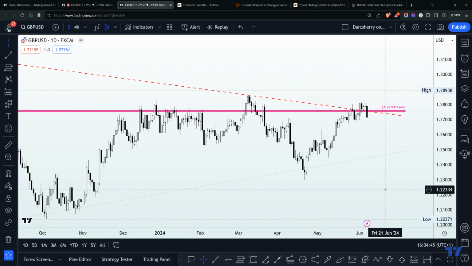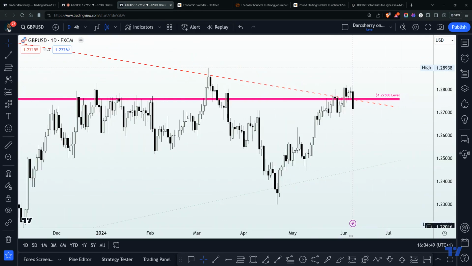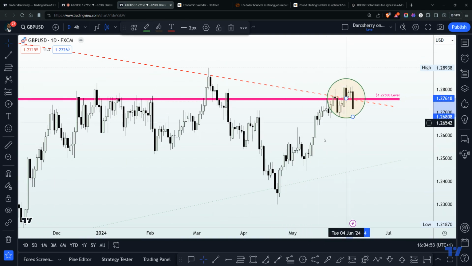Now, zooming into what has been going on here in the last 2 to 3 weeks, you will see that we are at a crucial juncture where price action has been trading within an important confluence between that key level at the 1.275 and that descending trend line.